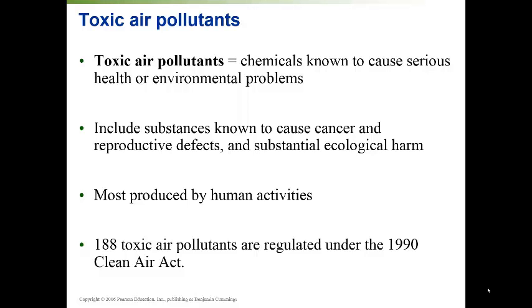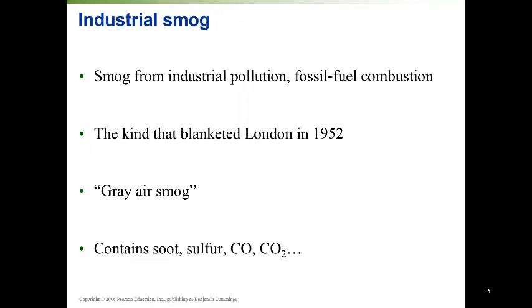Toxic air pollutants, pretty much chemicals known to cause health issues. Industrial smog, that cloudy, foggy, bad to breathe in, thick haze that hangs over cities and areas that produce things, has a lot of mass production and industrial action.